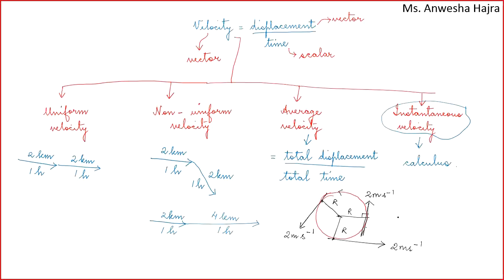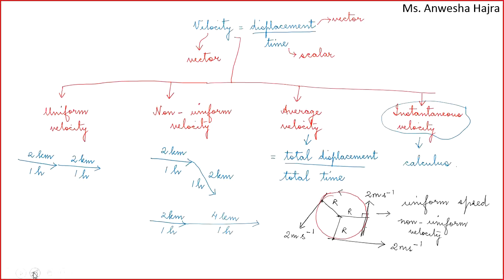The direction is changing. So this is an example of uniform speed, but non-uniform velocity.